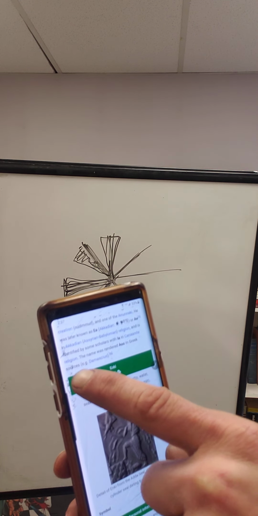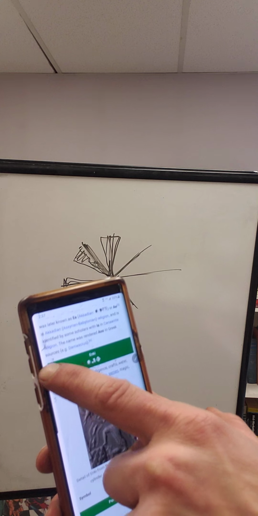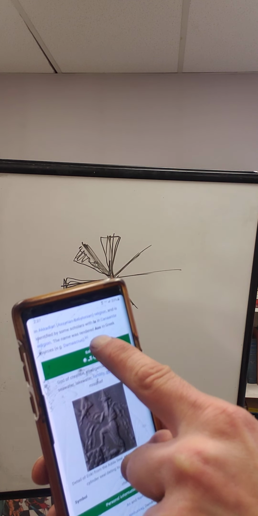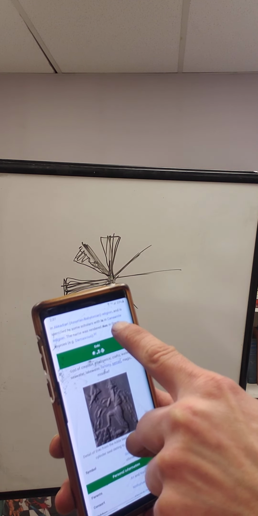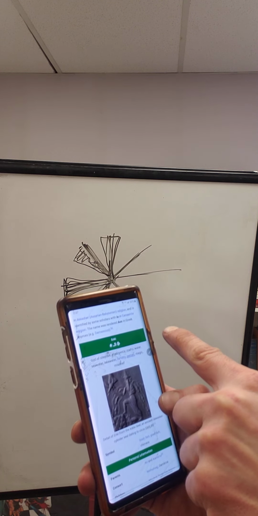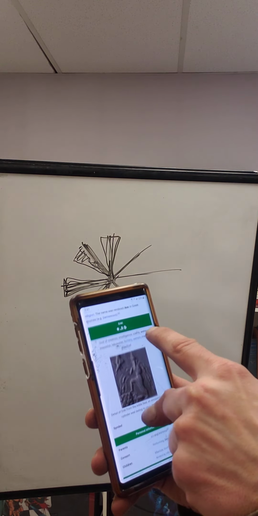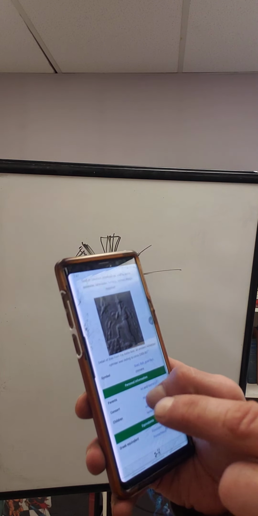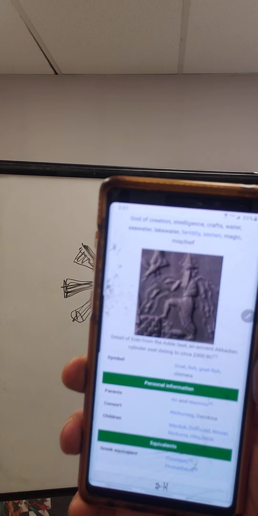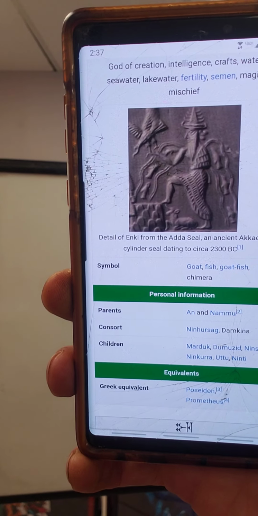We're dealing with the god of creation, identified by some scholars as El in Canaanite religion. The name was rendered Eos in Greek sources. So we're going to get into this. The Greek equivalent is Poseidon or Prometheus.